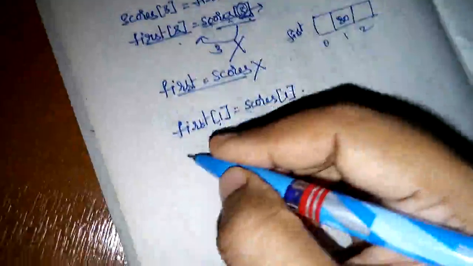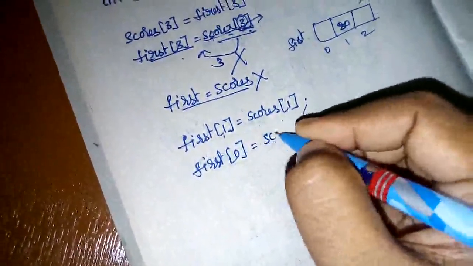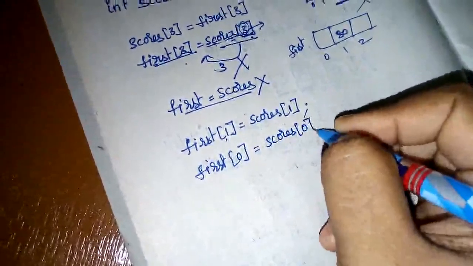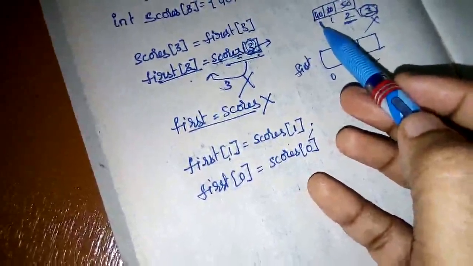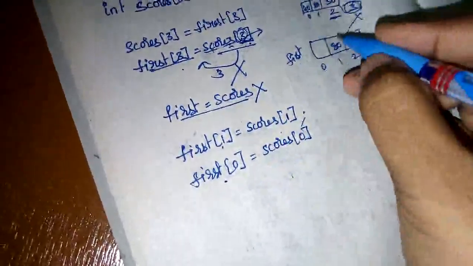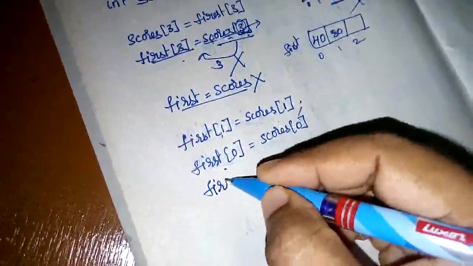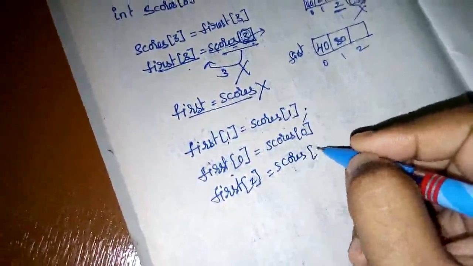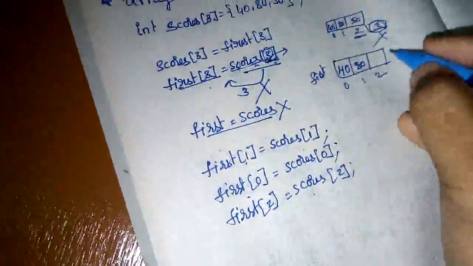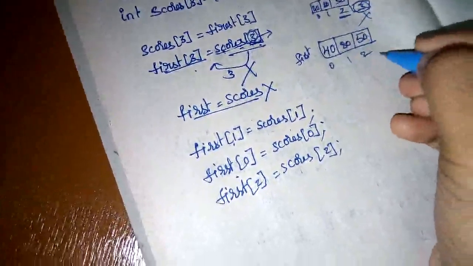Then first of 0 is equal to scores of 0, so the element at index 0 in scores is copied to first at index 0. Similarly, first of 2 is equal to scores of 2, so this element, 50, will be copied to first of 2.